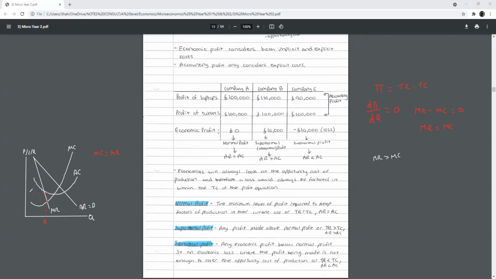So at this point here, I can call this my cost, call that C. If I go further up, at this point here, I hit my what? Average revenue curve, isn't it? That's my revenue, okay? You see this box here now? That is now called supernormal profit, okay?